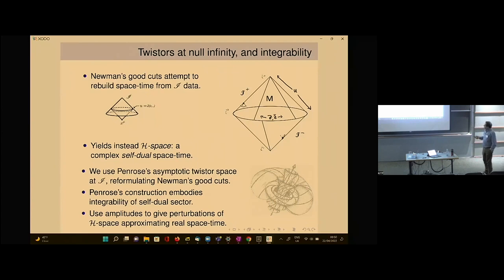So the hope can be, you see, Ted Newman missed in the original space-time by constructing this H-space, but maybe we can use amplitudes to perturb away from that H-space to build up the data of the original space-time. So that's, roughly speaking, the underpinning idea for this talk.